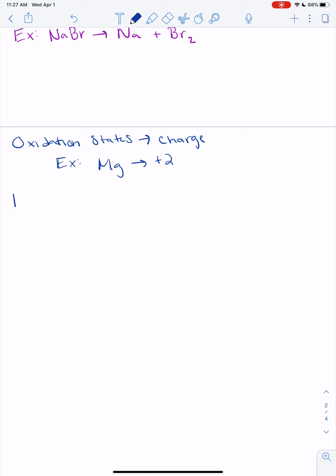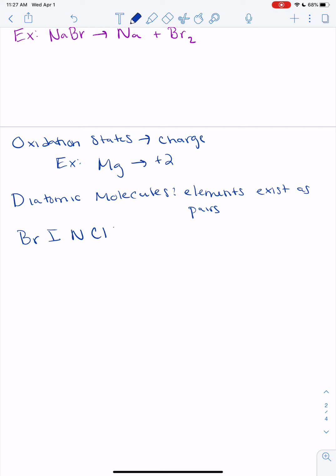The other thing that they mentioned is diatomic molecules. And these are molecules where the elements exist as pairs. Okay, and the elements that have this are bromine, iodine, nitrogen, chlorine, hydrogen, oxygen, or fluorine, okay?